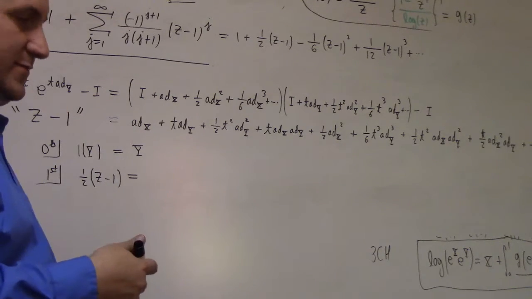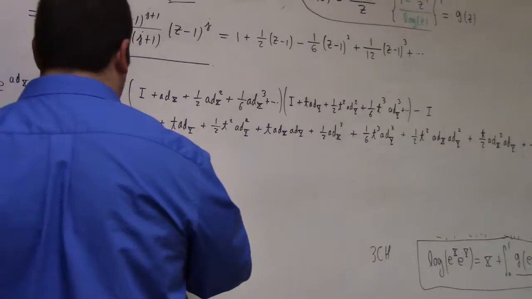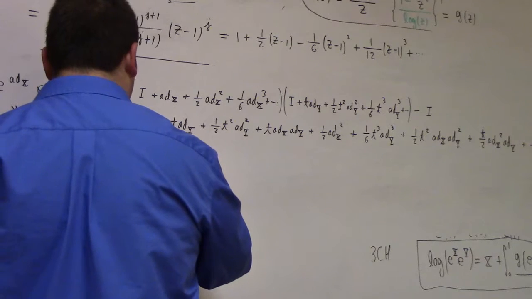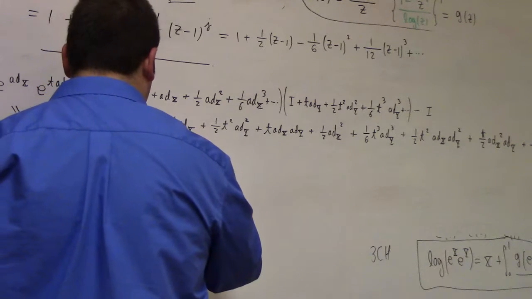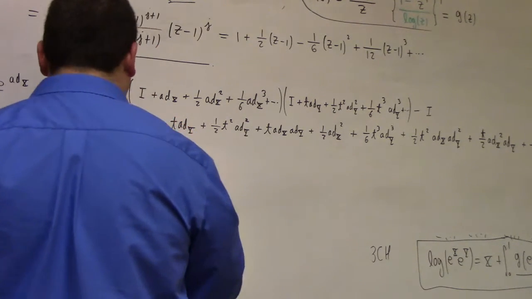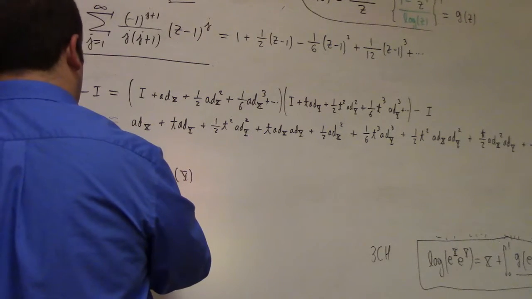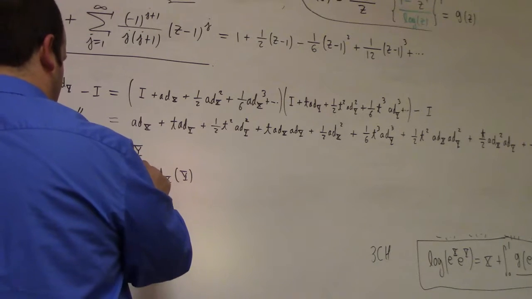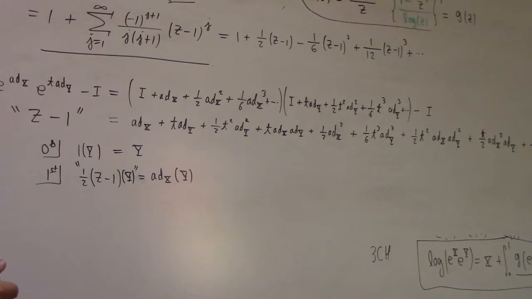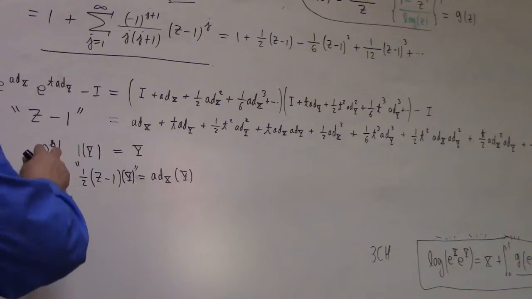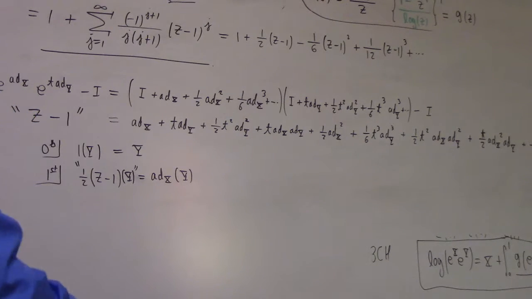And of the z minus 1 terms, you only keep the first order, which would be, I'll write it all out here this time, ad x of y. I mean, it's this acting on y, okay? Let me put some quotes there. If you'd like, I can come up with some other fangled name for that, but I'm just going to leave it like that. I think it makes sense.